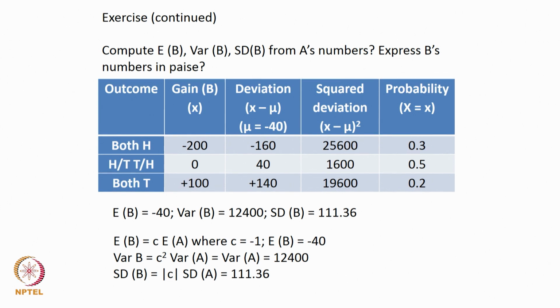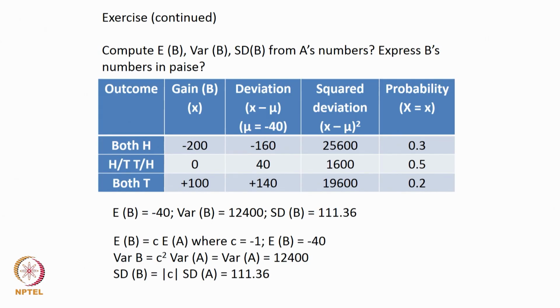So, when A gains 200, B loses 200, therefore, we get minus 200 with 0.3, 0 with 0.5 and plus 100 with 0.2. Remember that for both tails, A lost 100, which is B's gain, and therefore, B gets plus 100. Now, the expected value of this random variable is minus 200 into 0.3 plus 0 into 0.5 plus 100 into 0.2, which is minus 40.